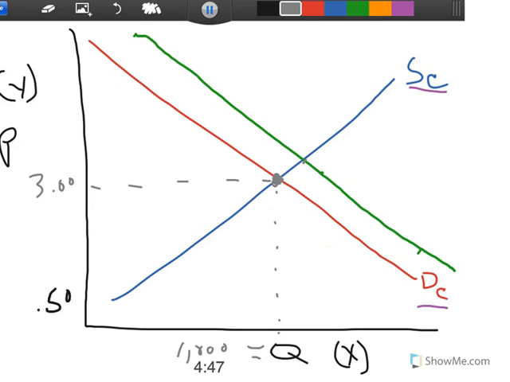Now, when we shift the supply curve, or we increase supply to account for this increase in demand, we are not increasing supply.